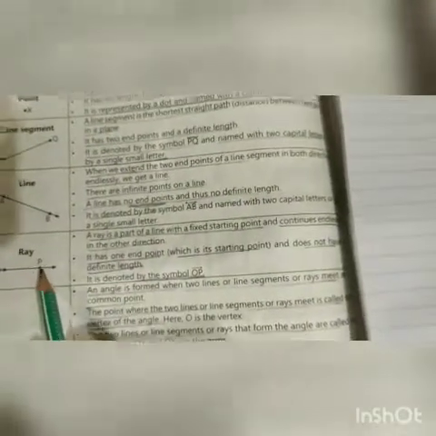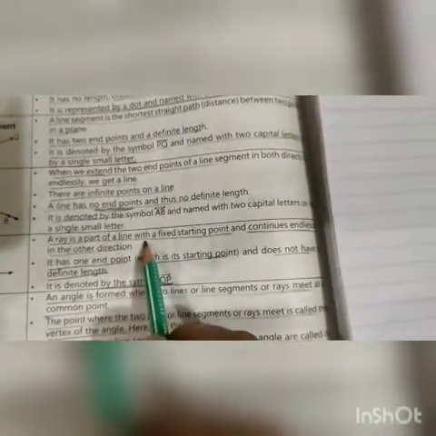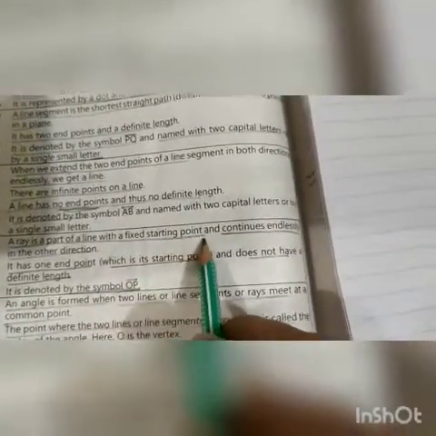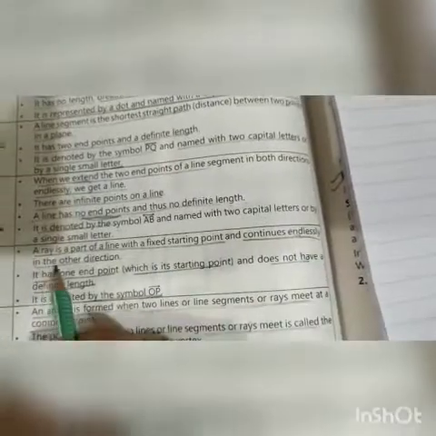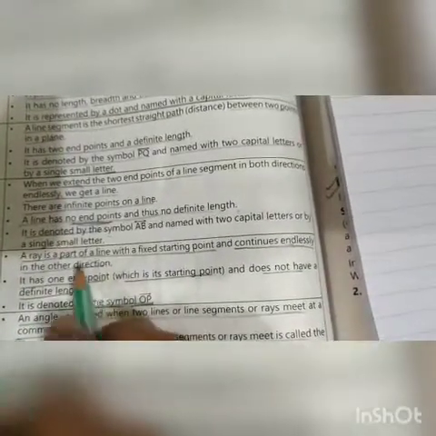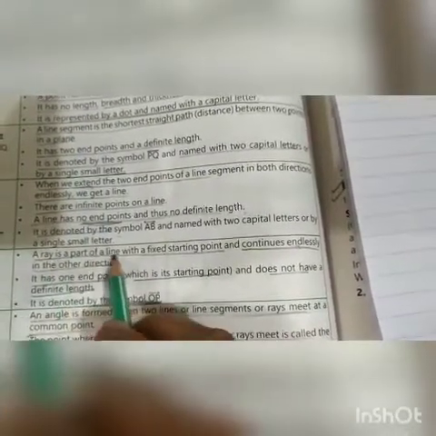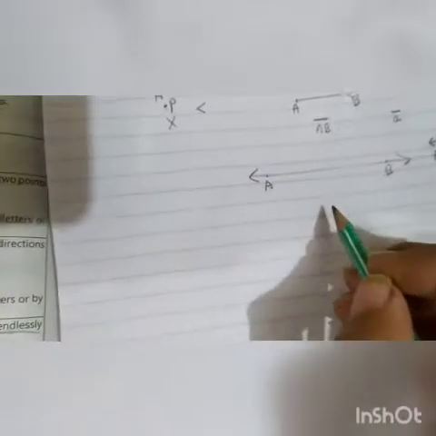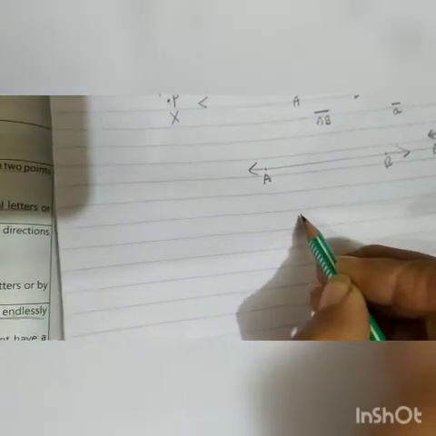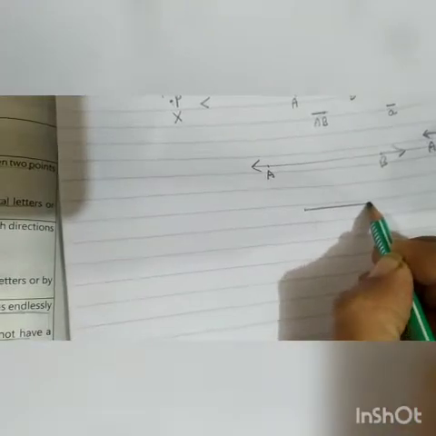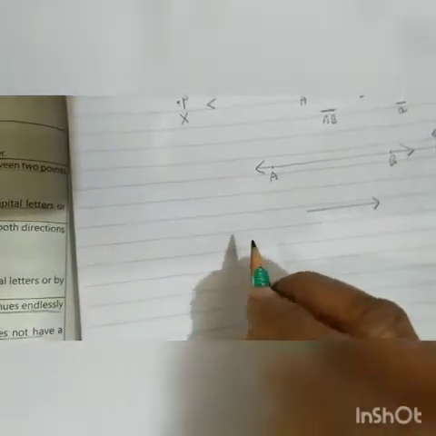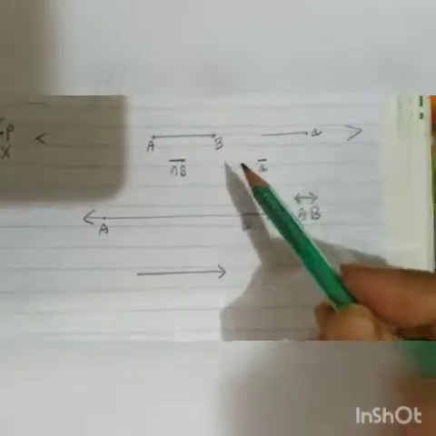Next is ray. A ray is a part of a line with a fixed starting point and continues endlessly in the other direction. Suppose I am marking this point and like this. See all these.